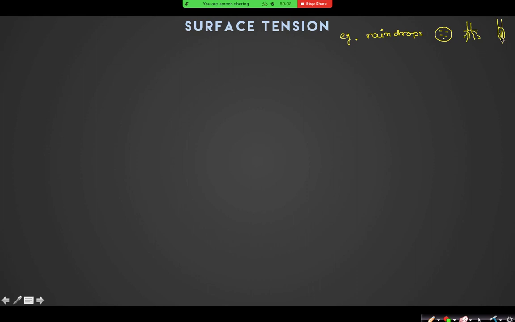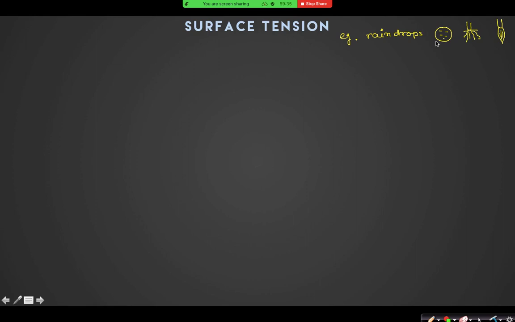There is no adhesive force, no glue acting in between them. Because the free surface area now has to decrease, right? So always there are examples where liquid tries to minimize its free surface area. This property of liquid is known as surface tension.